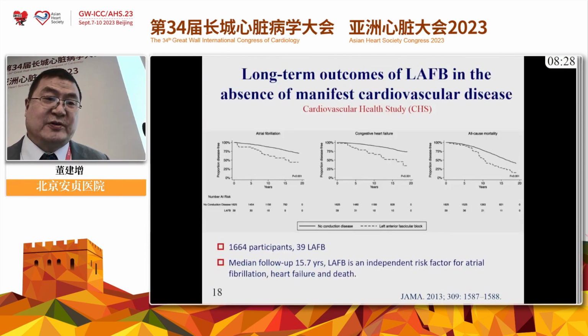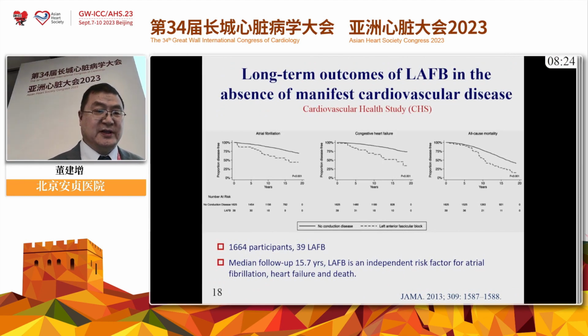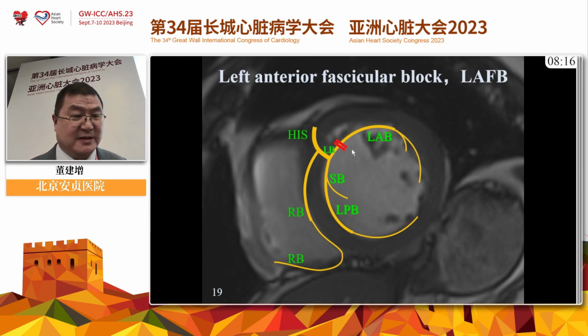Left anterior fascicular block can also result in heart failure. When the left anterior fascicle is blocked, the left ventricle is activated from the inferior wall.